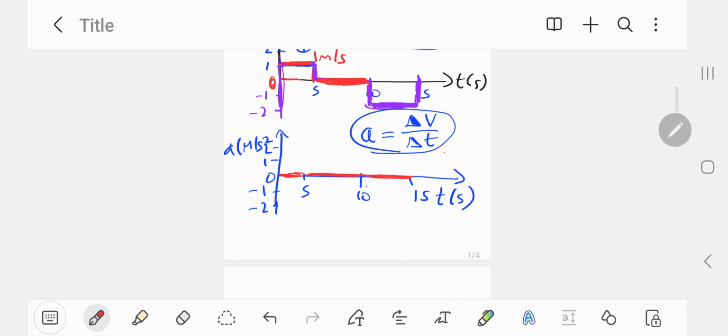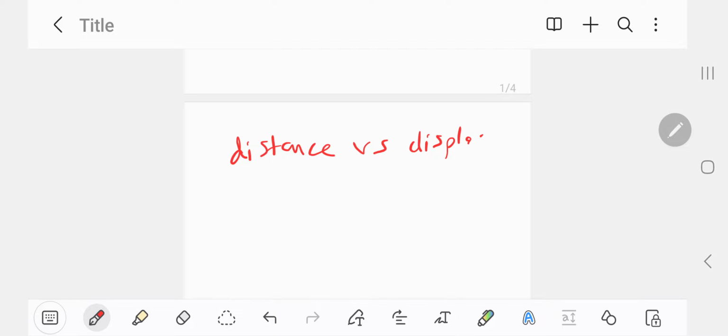I should also mention, chapter 2.3 talks about distance and displacement. Distance is the length between 2 points. It's a number.